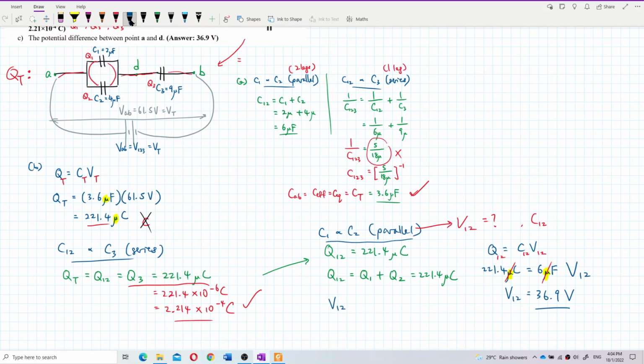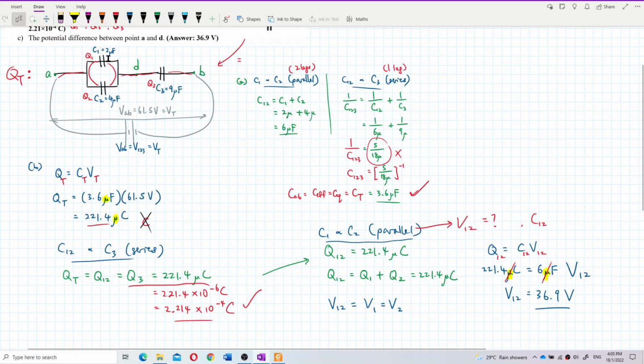So the V12 is the same voltage. V12 equal to V1 equal to V2, because they are the parallel circuit.